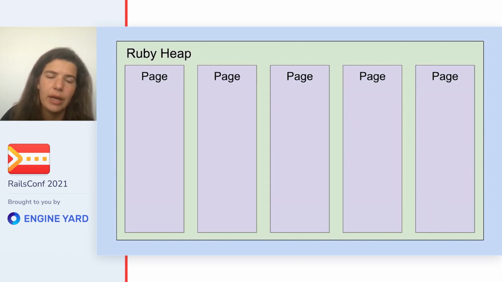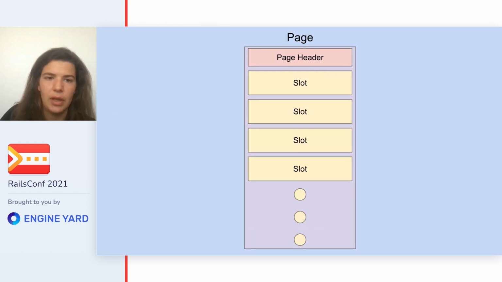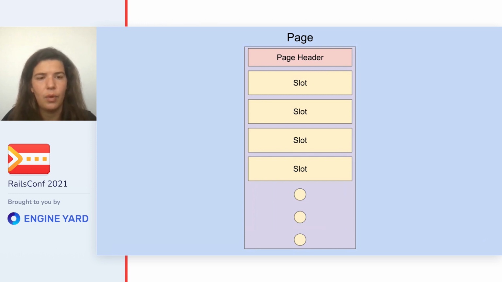So when it asks the OS for more memory, it asks for them in increments of pages. Drilling into a page, each page has about 409 of what are called slots. It's about 16 kilobytes in size. And we finally reached the slots where we'll actually store the objects. These can be empty, unallocated slots that don't have objects, or they can also contain R values within them.